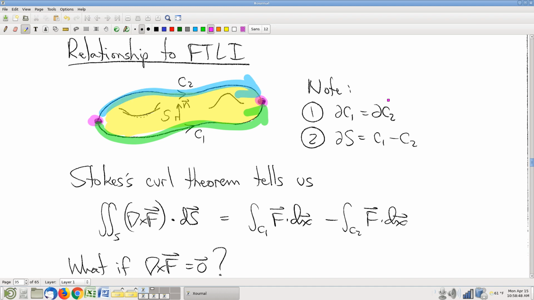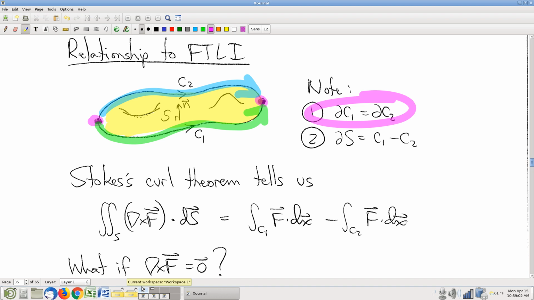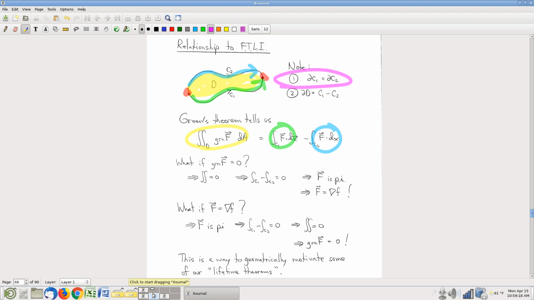Notice C1 and C2 start in the same place and end in the same place, just like they did in this context. Notice that the boundary of S consists of both the curve C1 and the curve C2. Be careful, you're going backwards on C2. Don't forget your minus sign. Just like was the case here.